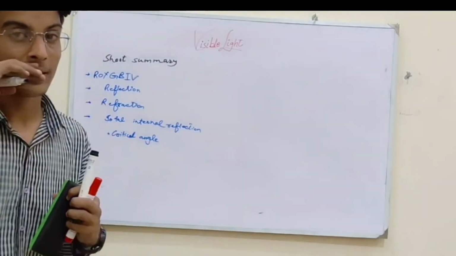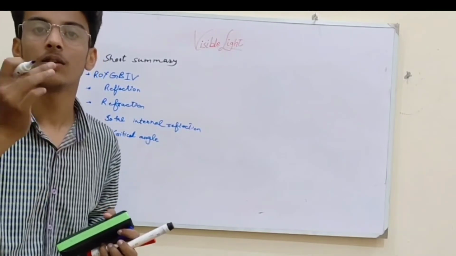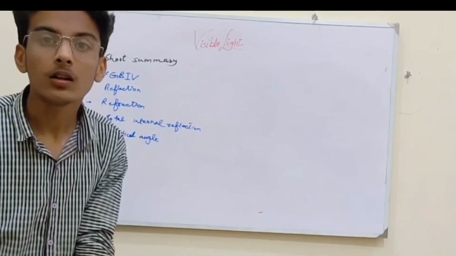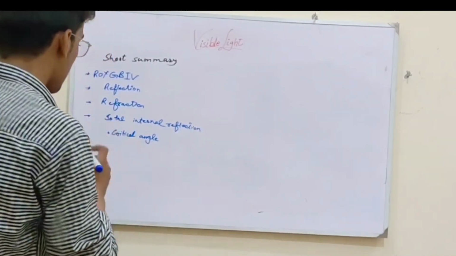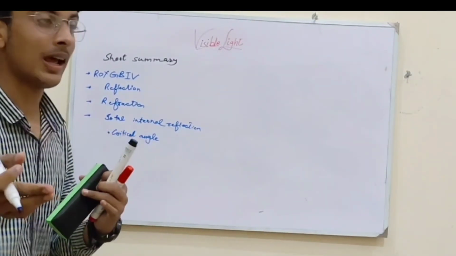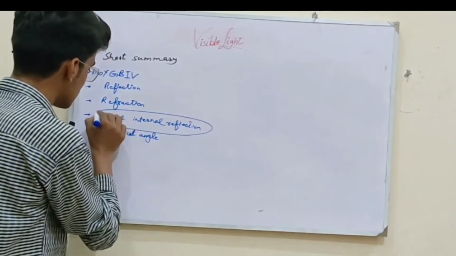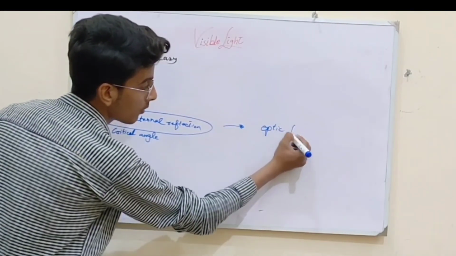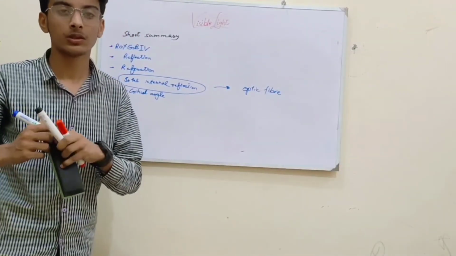If the angle of incidence is greater than the critical angle, then total internal reflection occurs. And we also learned the use of total internal reflection. The basic use we learned is optic fiber.